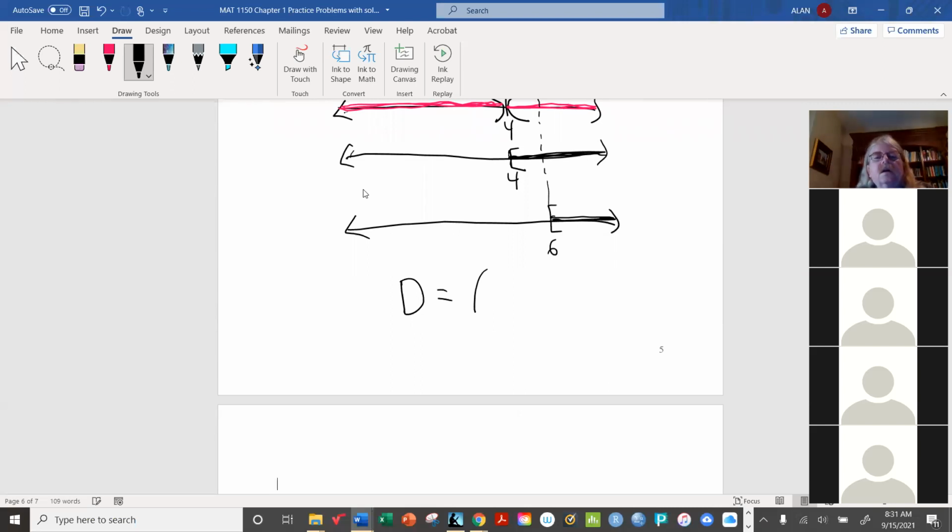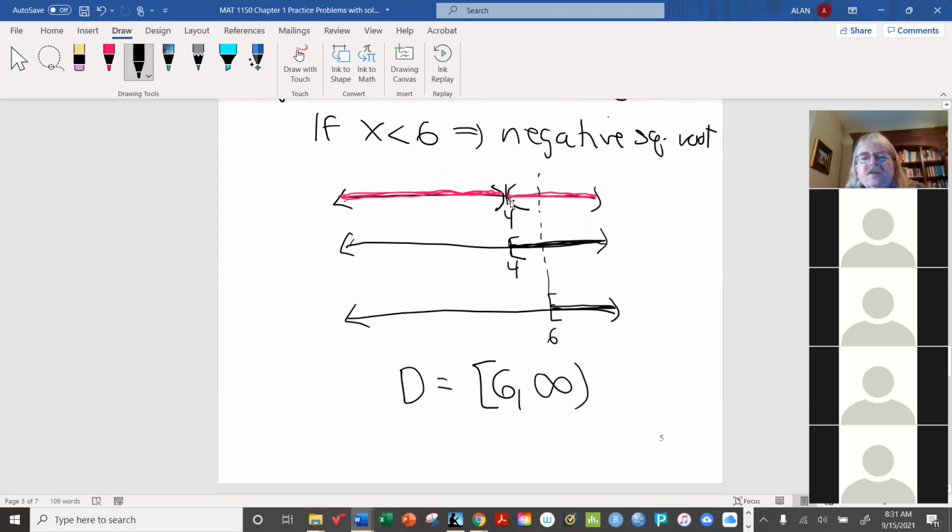Okay, so in the first thing, I'm allowed to have anything but 4, but 4 is not in this interval, so we're fine there. In the second case, I can have anything from 4 up, which certainly is okay here.